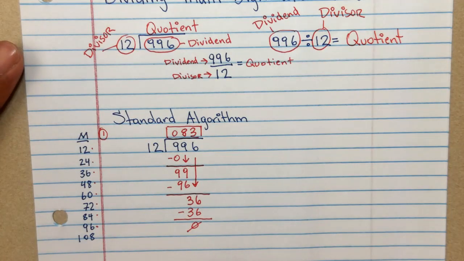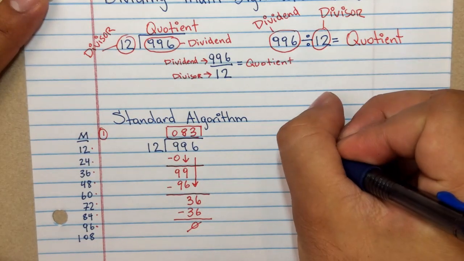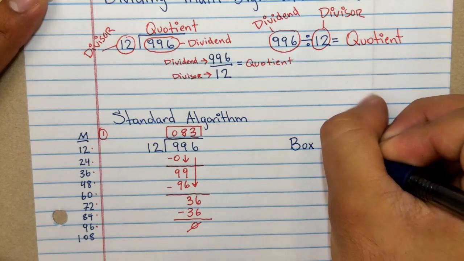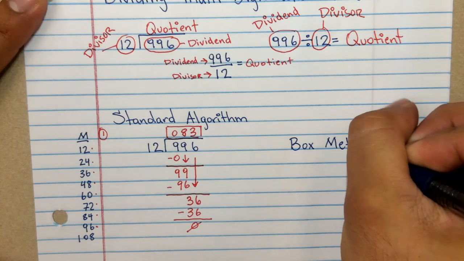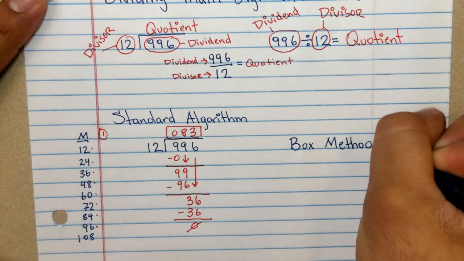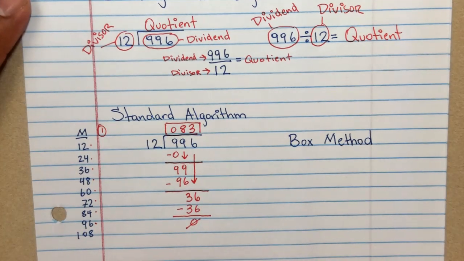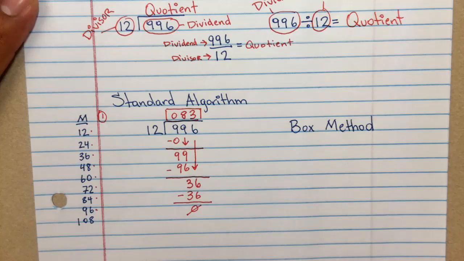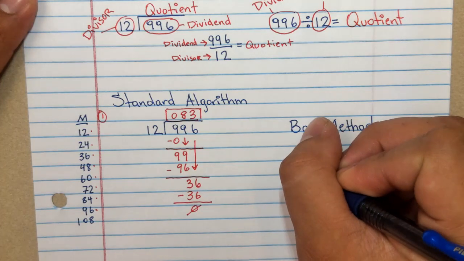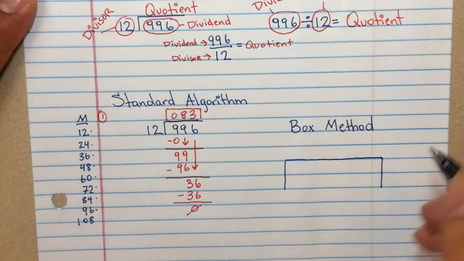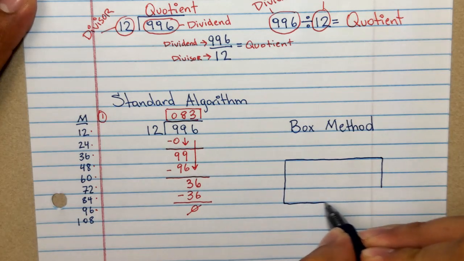Now I'm going to show you another one called the box method. We're going to use the same expression, but we just want to use different strategies to prove that it does work because we end up with the same quotient. So for the box method, we're going to make a rectangular box about this size.